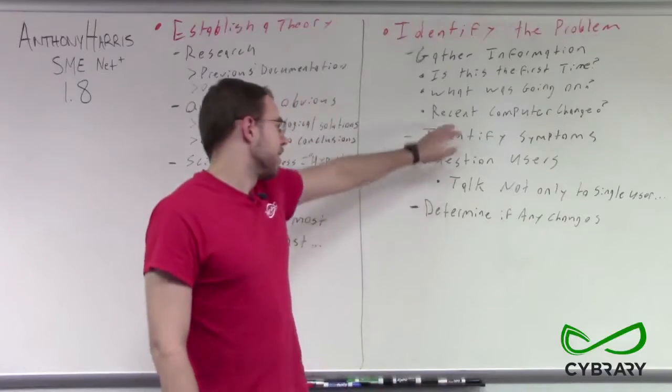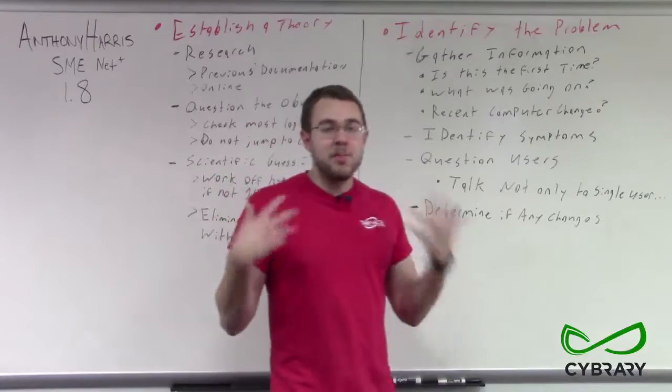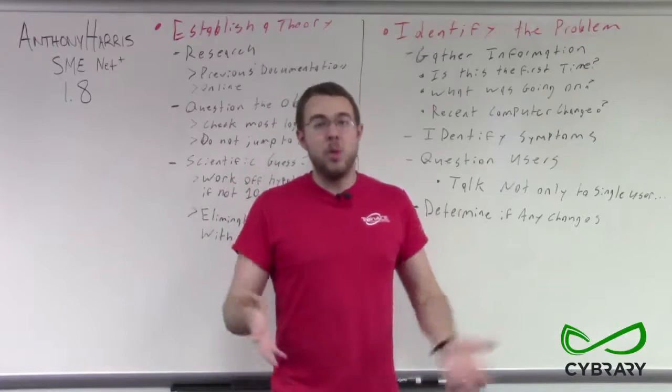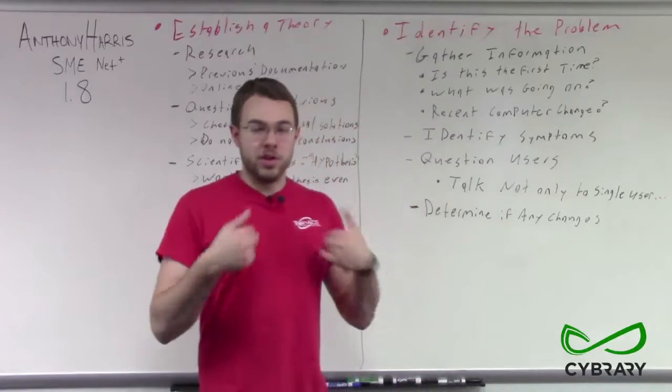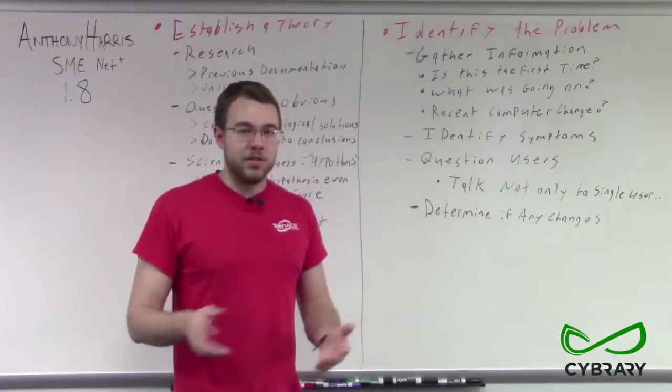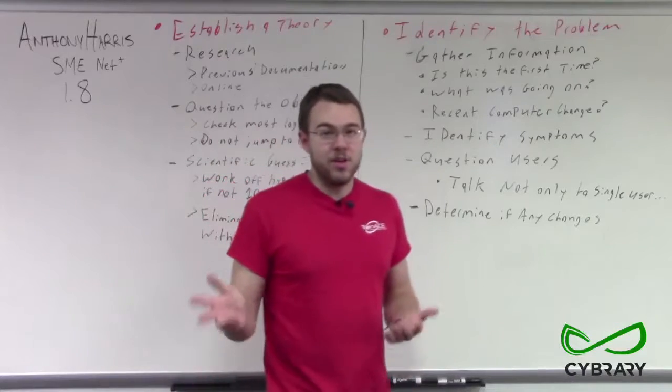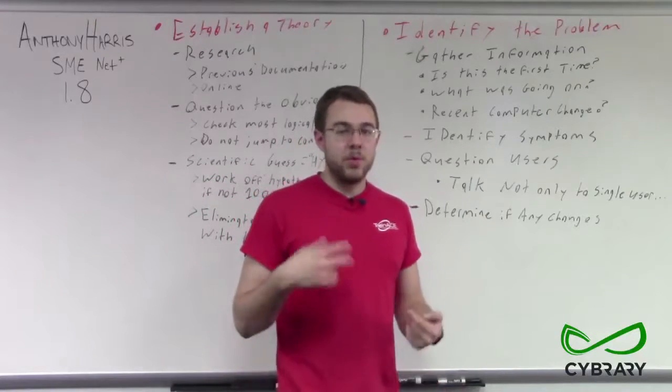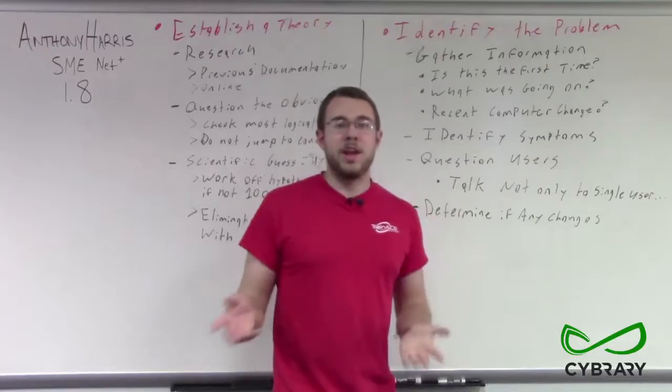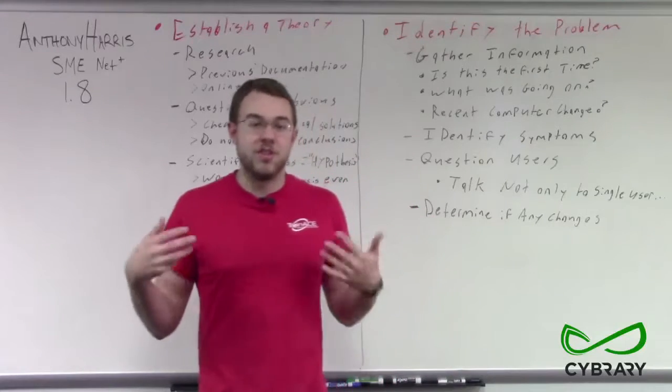And then we have determining if there's any changes. Now, we talked about if there were any recent computer changes, but there may have been recent changes to our network. We want to talk to our users, we want to talk to the people around them, but we also want to talk to possibly our other support technicians. We may be working on our computer and then say, well, let me check with our network technicians and see if there were any recent changes in the network.